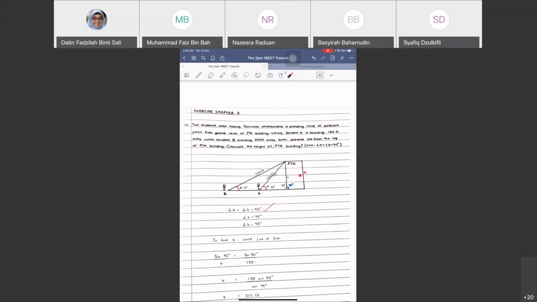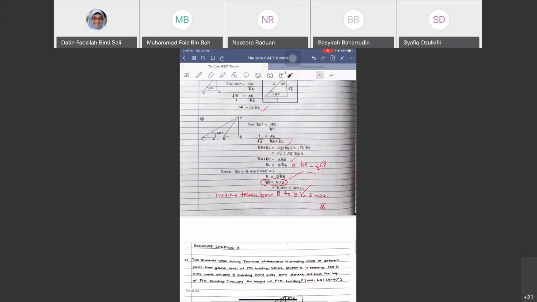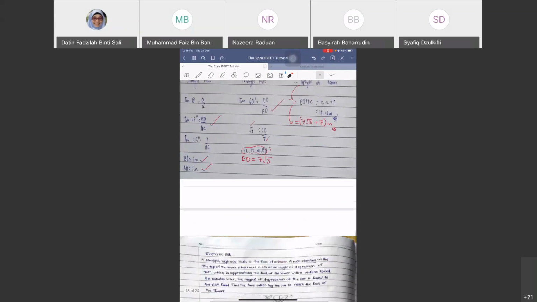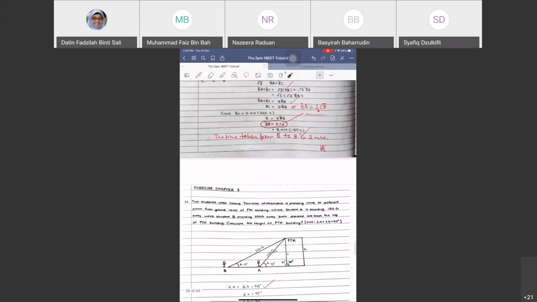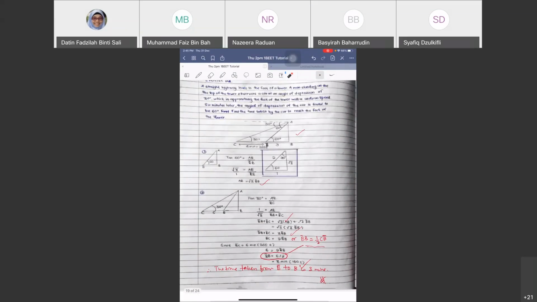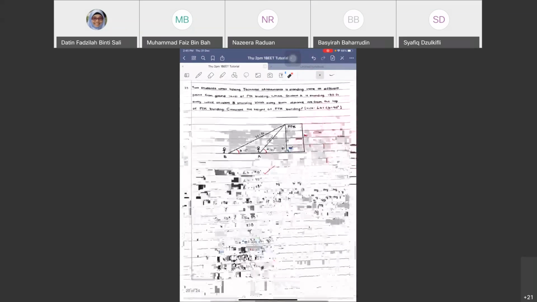It's similar to the previous questions, where you come up with two equations, then you equate them. So this is what we need to do.